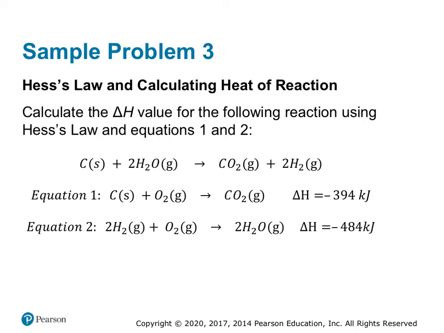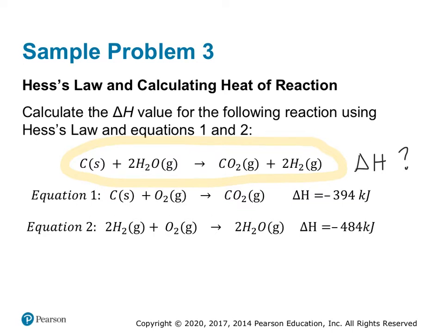So here's how we might use Hess's law. For example, here I want to know the delta H for this reaction. So I'm trying to find the delta H, the enthalpy change for this first reaction. I don't know the enthalpy change.